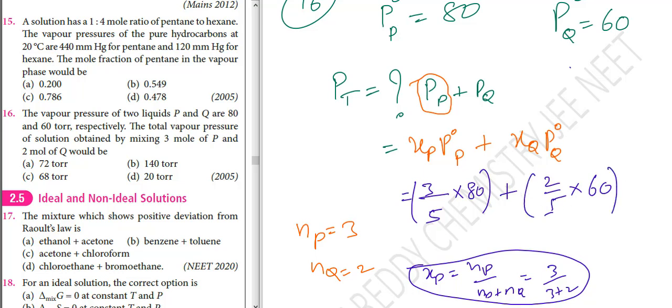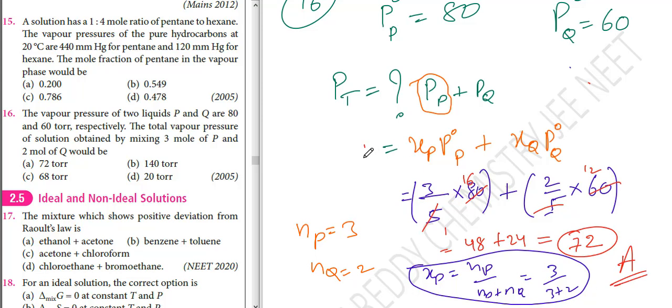Just simplify: 5 1 is 5, 5 16 is 48, 16 into 3 is 48, plus 24, so 72. So option A is the correct answer.